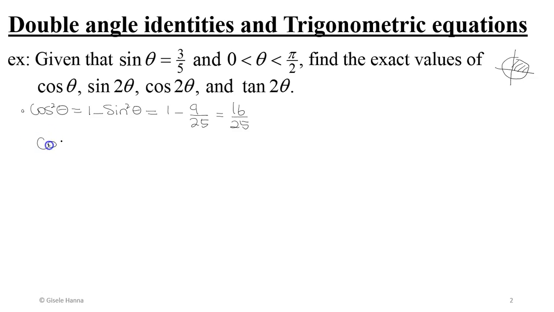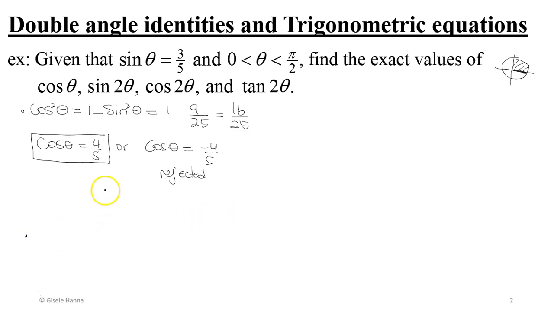So cosine theta would be 4 over 5 or negative 4 over 5. In order to know which one is accepted and which one is rejected, I'd look at the range of theta. Theta is in quadrant 1 where cosine is positive. So the negative one is rejected, and we have cosine equals 4 over 5.